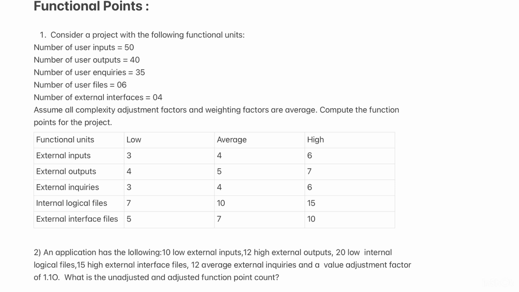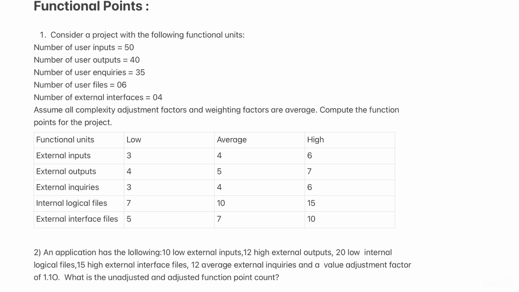So the first question is: consider a project with the following functional units. Number of user inputs 50, outputs 40, inquiries 35, files 6, interfaces 4. This line is very important: assume all complexity adjustment factors and weighting factors are average. Then compute the function points. See this table.